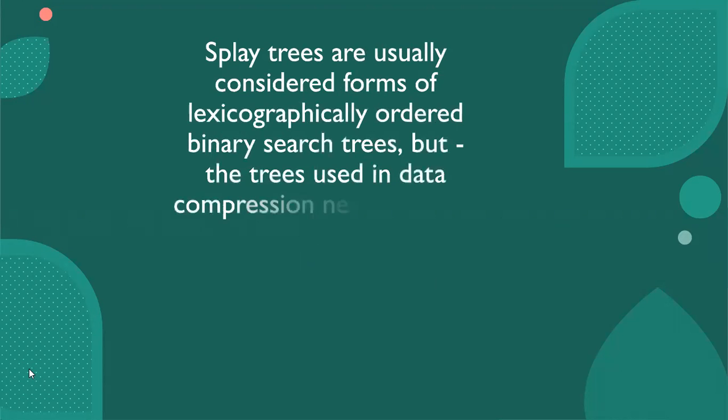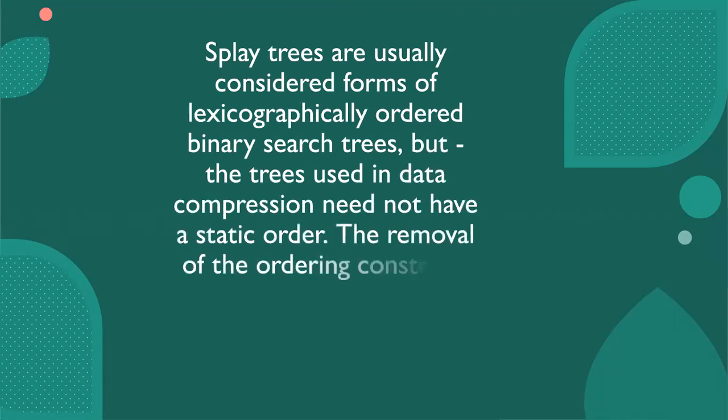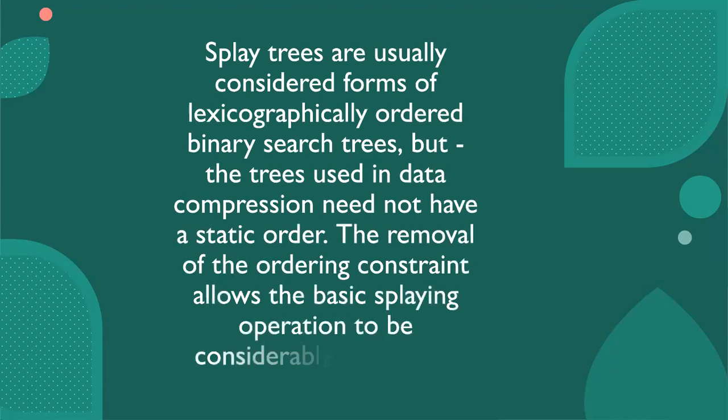Splay trees usually consider forms of lexicographically ordered binary search trees, but the trees used in data compression need not have a static order. The removal of the ordering constraint allows the basic splaying operation to be considerably simplified.